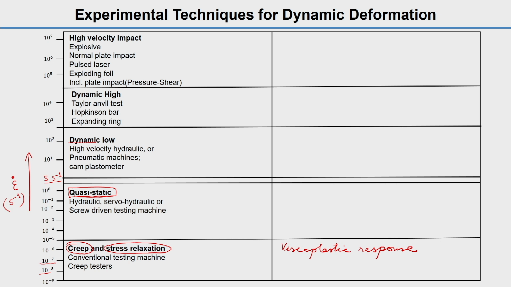There are different subdivisions of dynamic. For quasi-static tests, we know that hydraulic, servo-hydraulic or screw-driven testing machines, the universal testing machines, can be used. In quasi-statics we have static equilibrium.